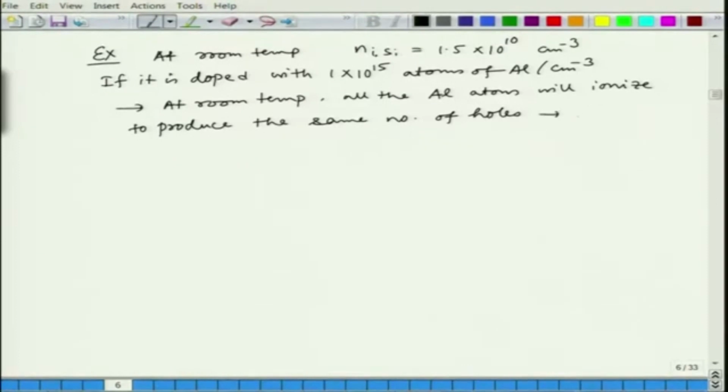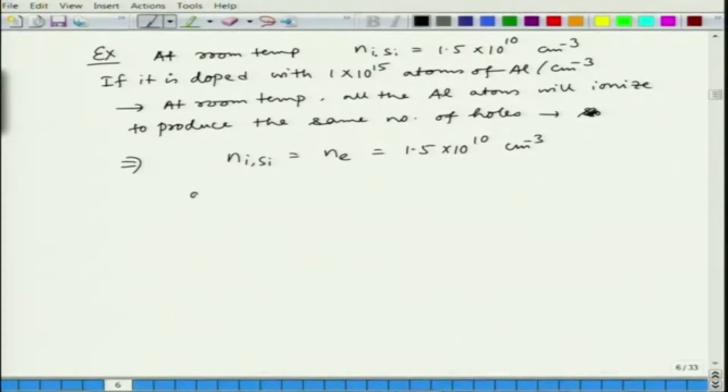So, what we can see here, that n_i is equal to the number of electrons in the conduction band, right, and that was 1.5 into 10 to the power 10 per cubic centimeter.